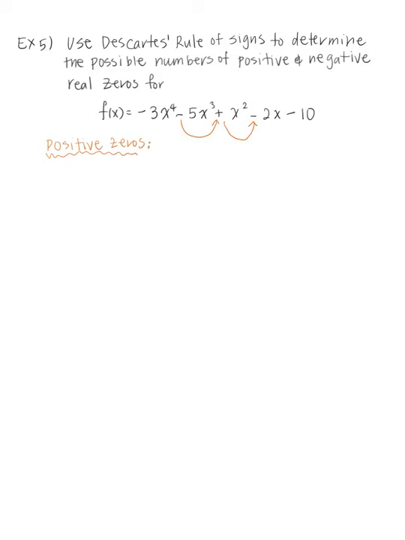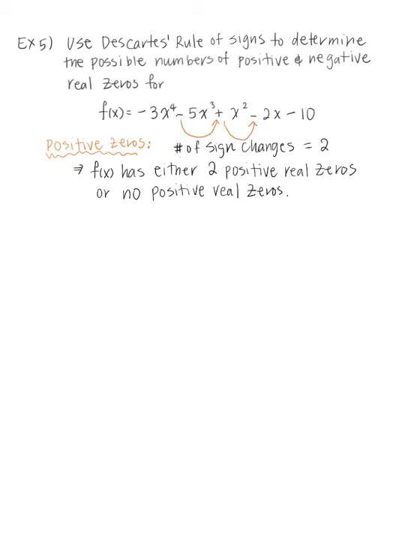So the number of sign changes here is going to be 2. So that implies that we can have either 2 positive real zeros or 2 minus 2, which will be 0 positive zeros. So here it is. f of x has either 2 positive real zeros or no positive real zeros.